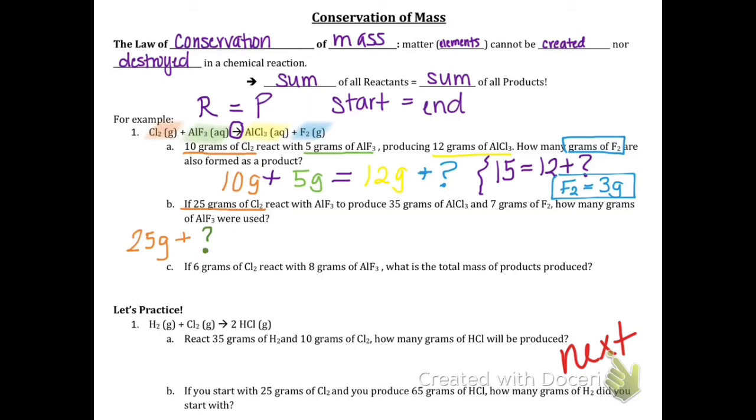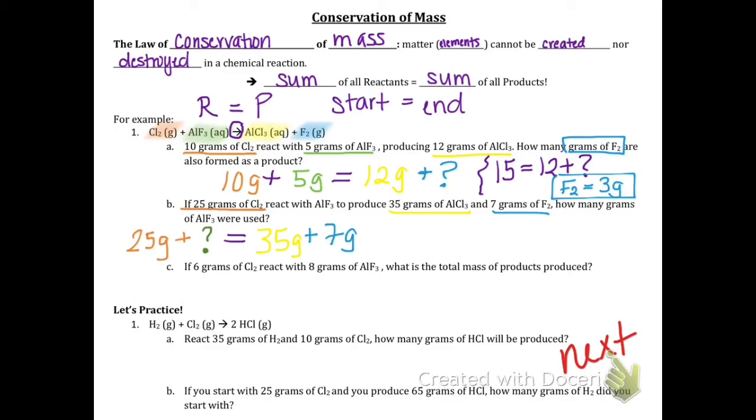It's going to produce, so equal, 35 grams of aluminum chloride. So we have 35 here. And 7 grams of fluorine. So we have 7 grams plus 7.